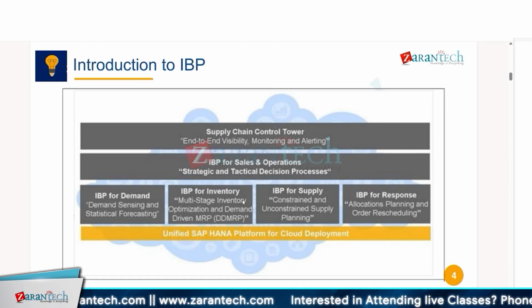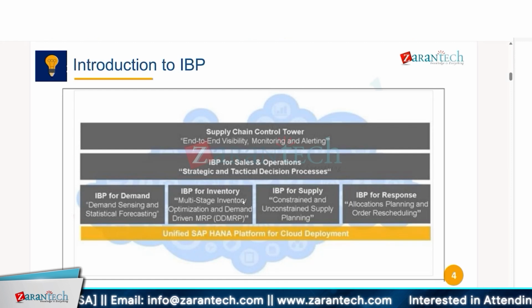So these are the inputs which are supposed to be given by the inventory planner to the demand manager or to the commercial team, and push for liquidating the inventory and have the optimal inventory in the organization. Because on one side, this optimal inventory will also improve the cash flow and the working capital of the organization. At the same time, it can also give the supply planning group a little headroom to produce something more, to tap the unconstrained demand.